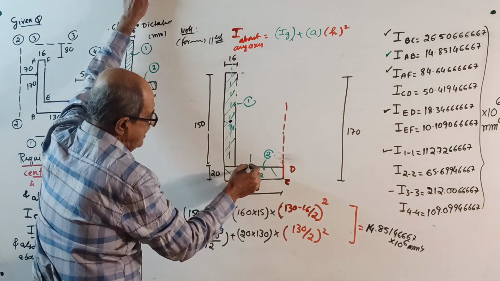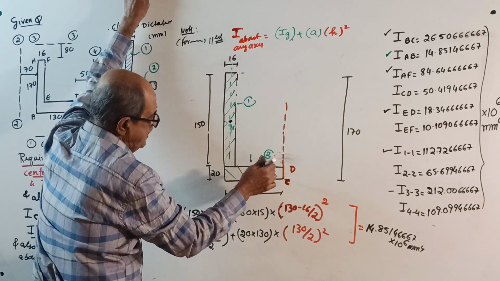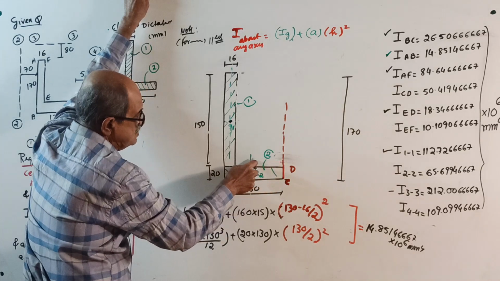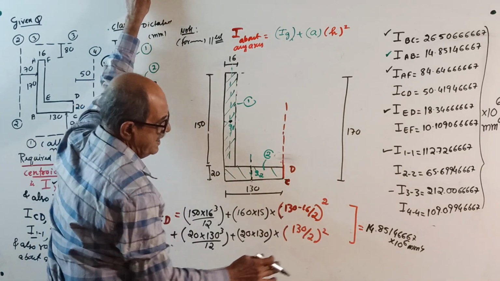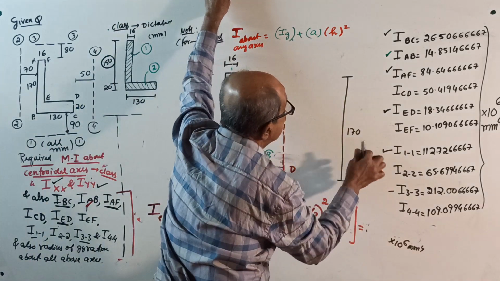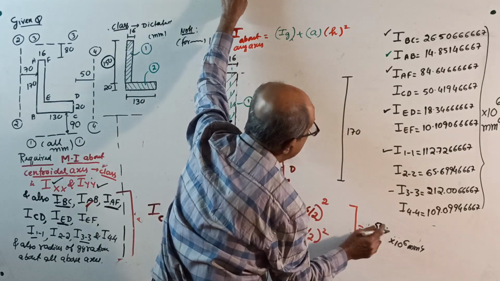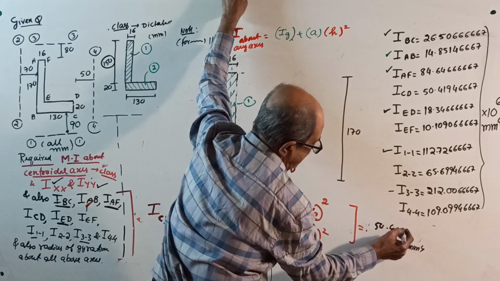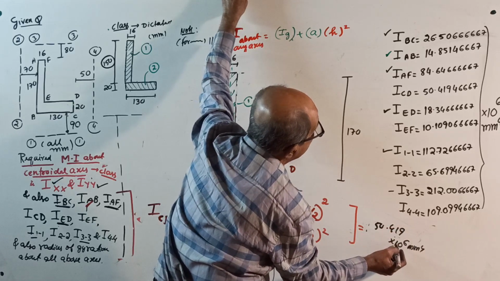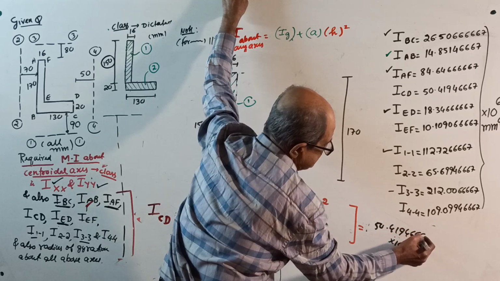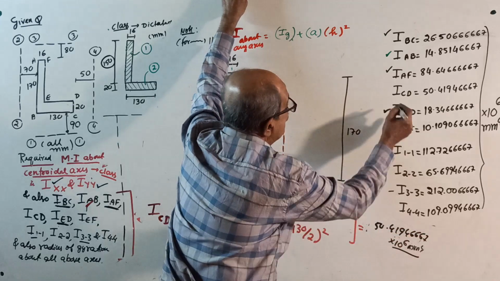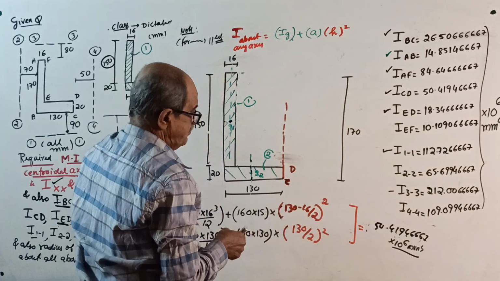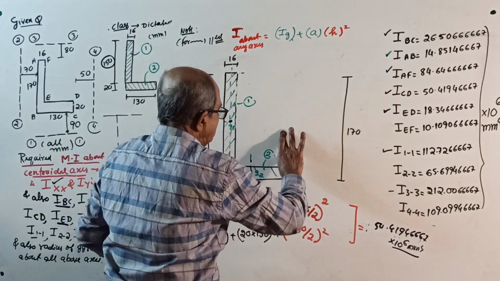For this one, I about its own axis plus area into this distance square is 130 by 2 square. 50.419946667 10 to the power 6 millimeter power 4, tallied. Okay, so it will tally, I guarantee.